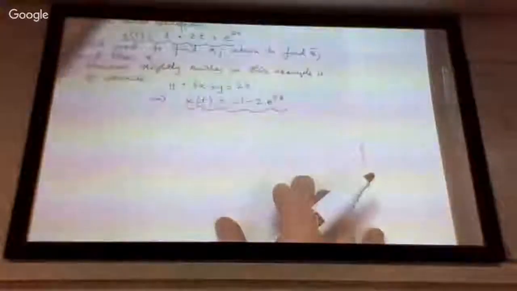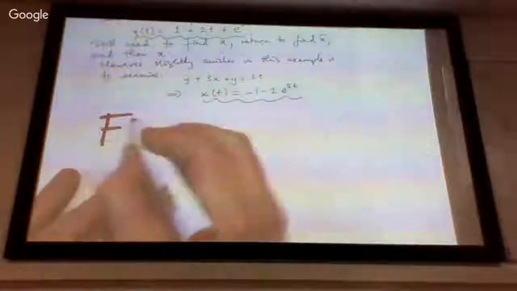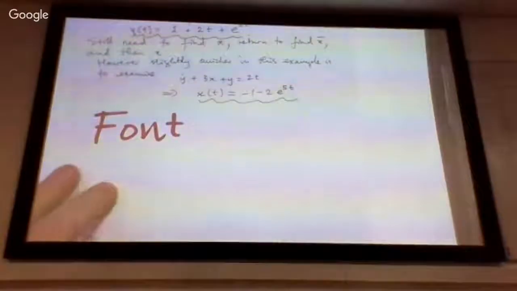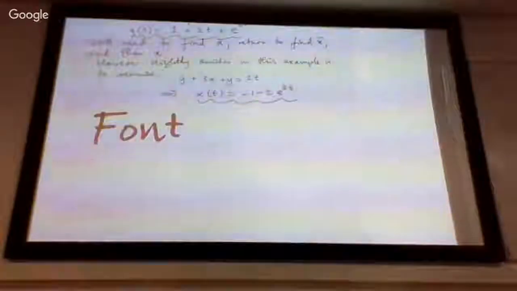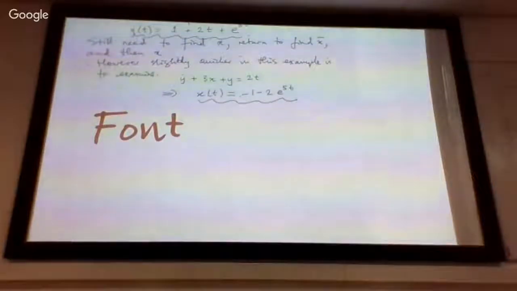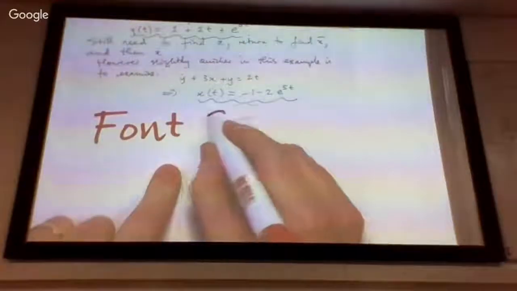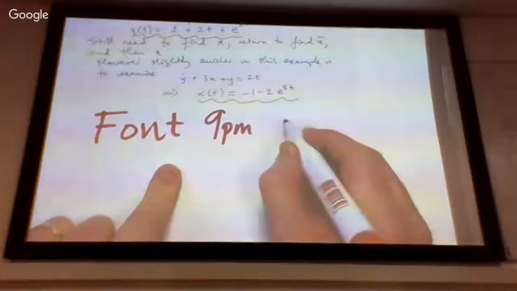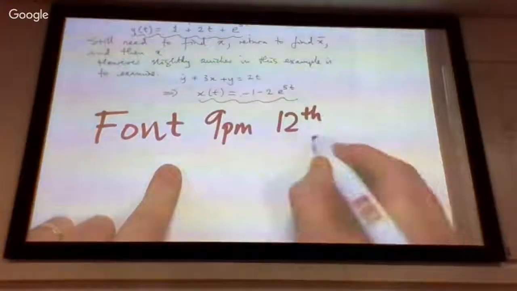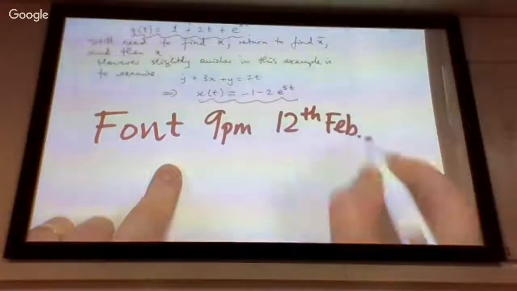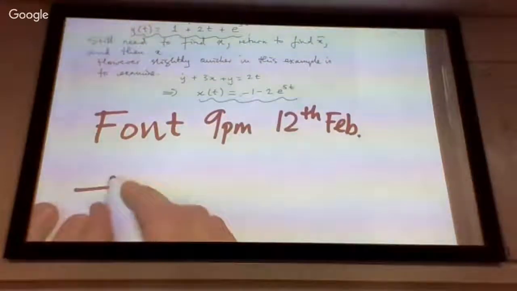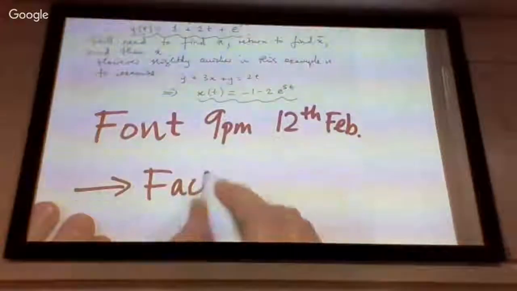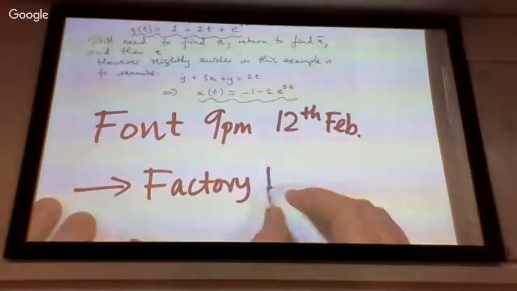So if you just pass on to your friends that lecturers have been invited. So good to see you. Well, 9 p.m. is bedtime in my house, I tell you. 3 young kids. But anyway, what was the time, sir? Font, 9 o'clock onwards. What date? 12th of February, 9 p.m. And then I'd suggest get to Factory before 12 because it's cheaper entry. Where's Factory?